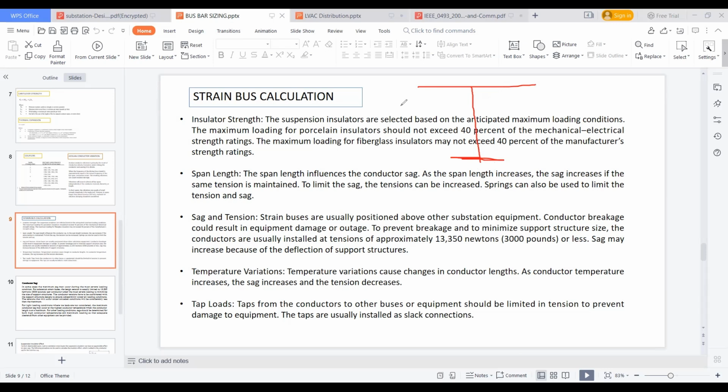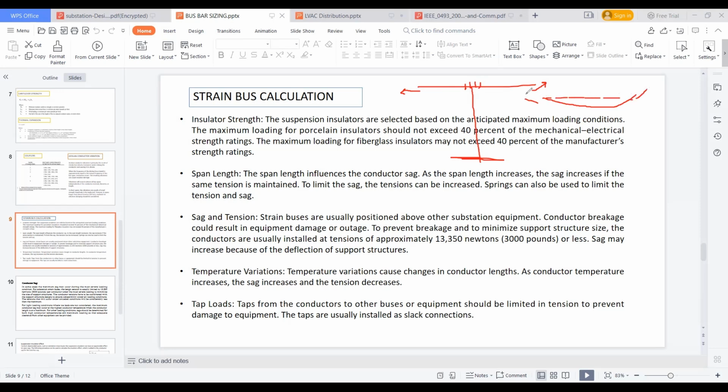Let's do some physics here. I am applying a tension here, and some tension here. So two forces are acting like this, and it is making a straight line. But due to some loading, this conductor comes down like this. Again, the tension I applied here is pulling this conductor to make it straight again.